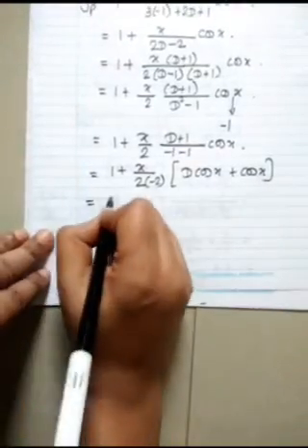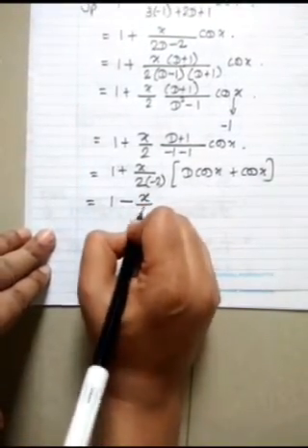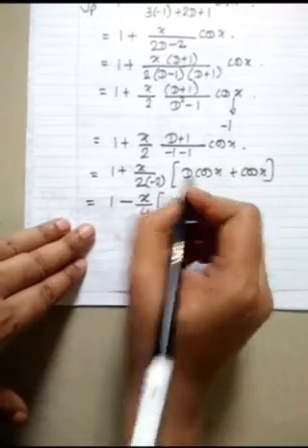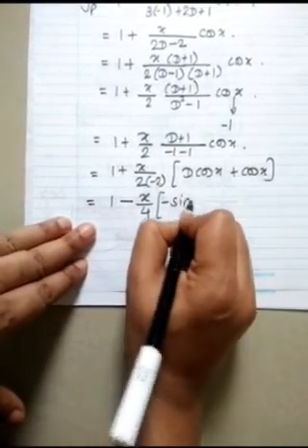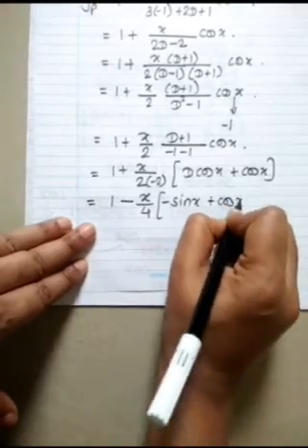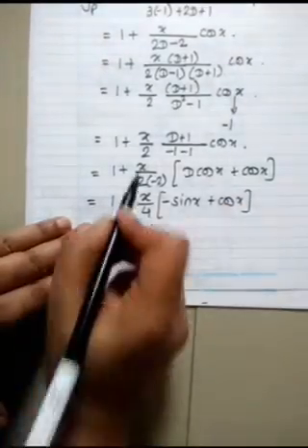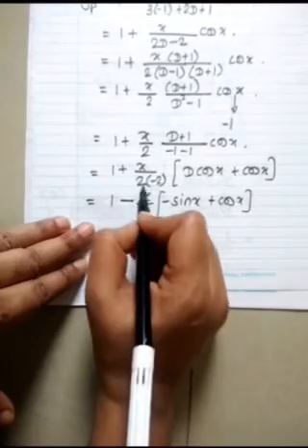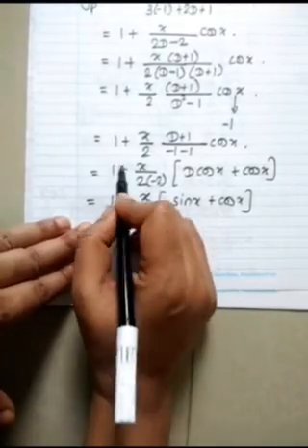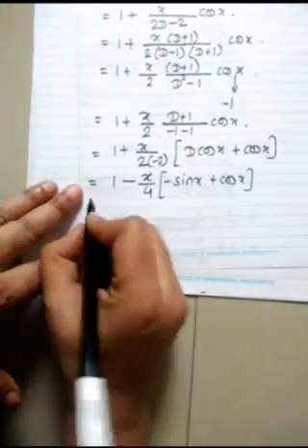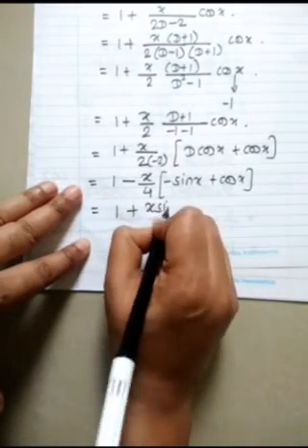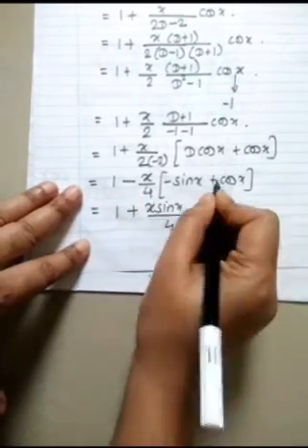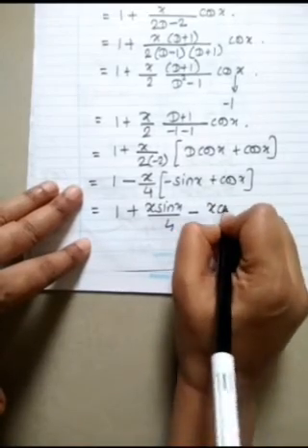That is 1 minus x by 4 into the derivative of cos x, which is minus sin x, plus cos x.